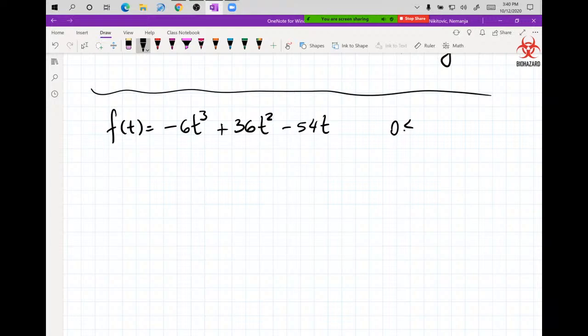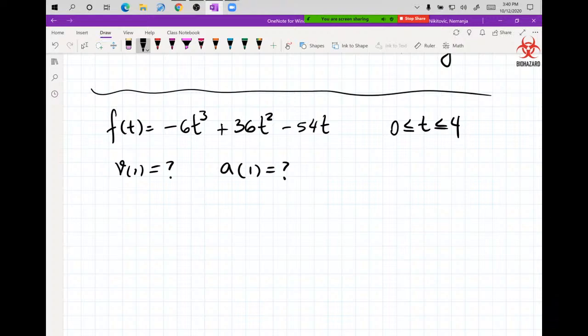With t between 0 and 4. So everything is happening within 4 seconds. Find the velocity function, graph the velocity function, what is happening with the object, okay, and then determine the velocity and acceleration of the object at t equals 1. So they are looking for velocity at 1 and acceleration at 1.